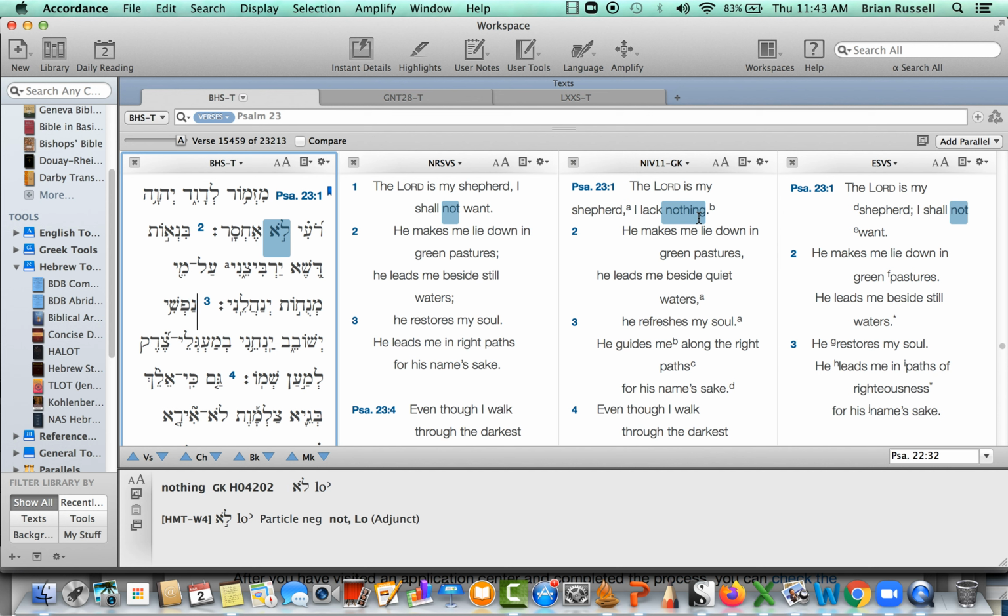So the Lord is my shepherd, so I will not want. Now, the NIV makes it immediate. The Lord is my shepherd, I lack nothing. Now, that's an exegetical difference.